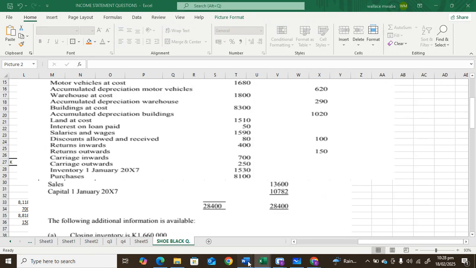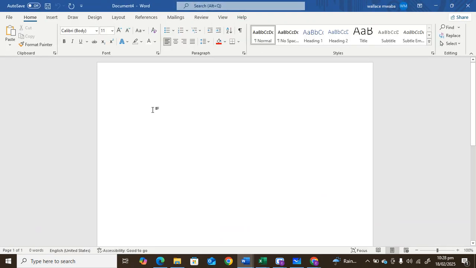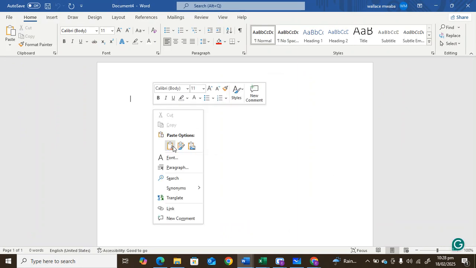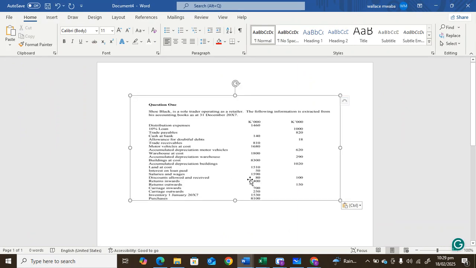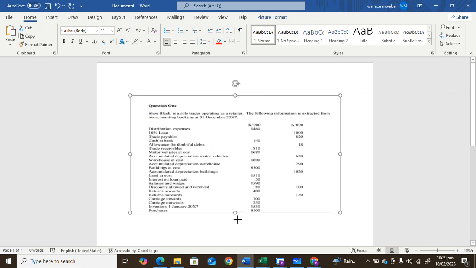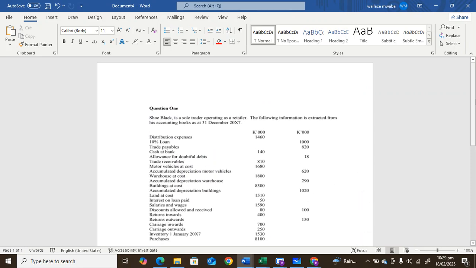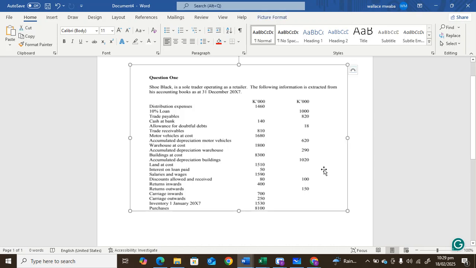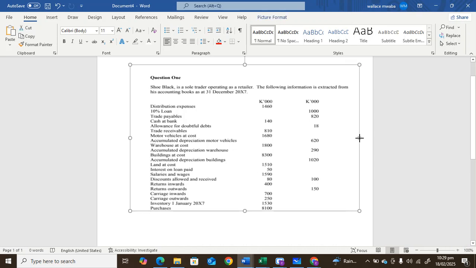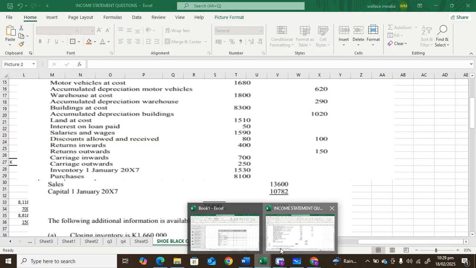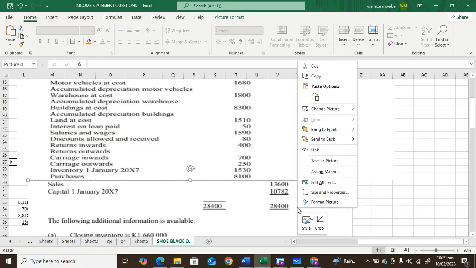And then discount received, yes. So that is taken as a form of saving, right? You have kept some money. So the discount received is the one that you're going to add to the gross profit.